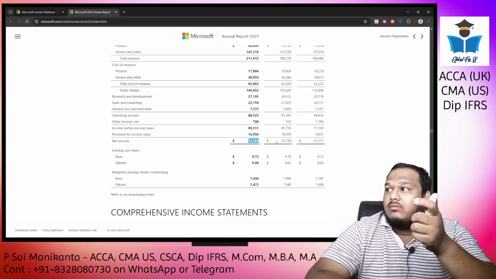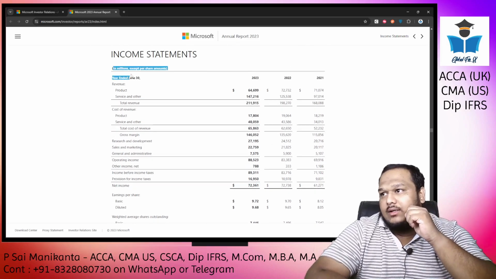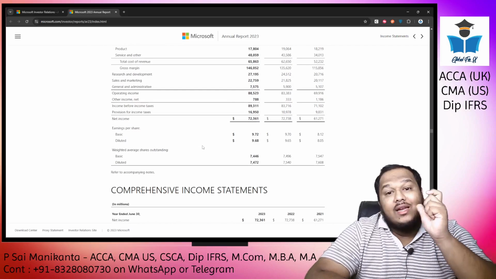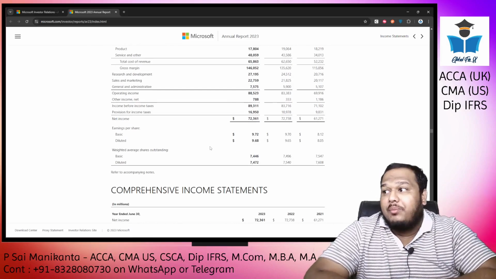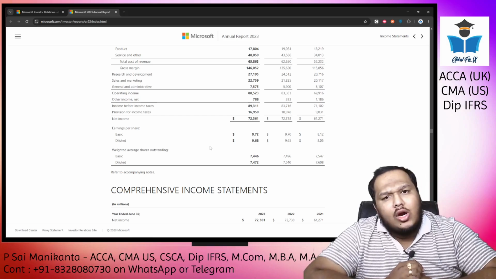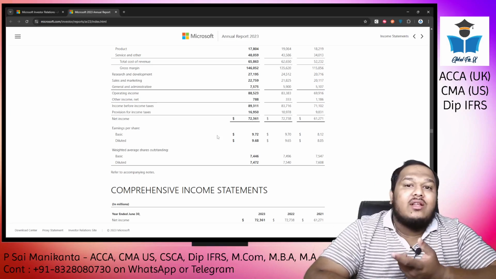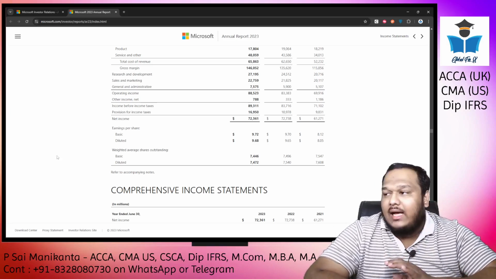Actually, it's $400 million lesser. It's in millions. So 400 million lesser profit the Microsoft company has made, which is bad for us and all that stuff. Not necessarily, because there are so many other factors you might want to consider as well, other than just the net income shown in the P&L.